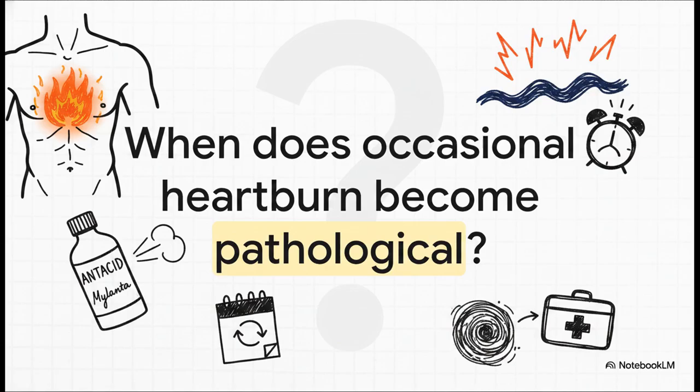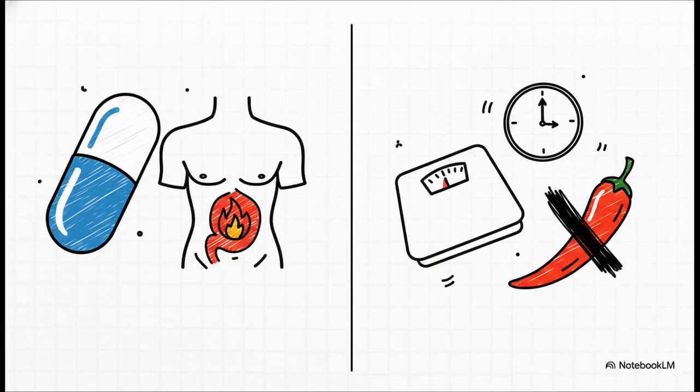So when exactly does that standard "I ate too much spicy food" heartburn cross the line into a pathological condition that needs real medical intervention? Well, C.S.'s symptoms, the frequency, waking up at night, and the specific location of the pain point straight to GERD, or gastroesophageal reflux disease. It's no longer just a nuisance, it's a chronic disease process that is actively damaging his esophageal lining.